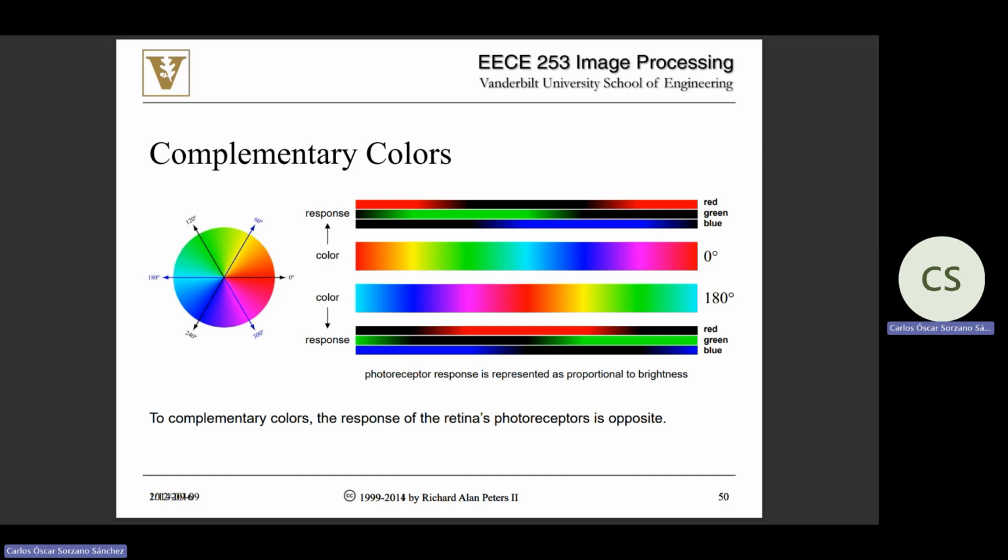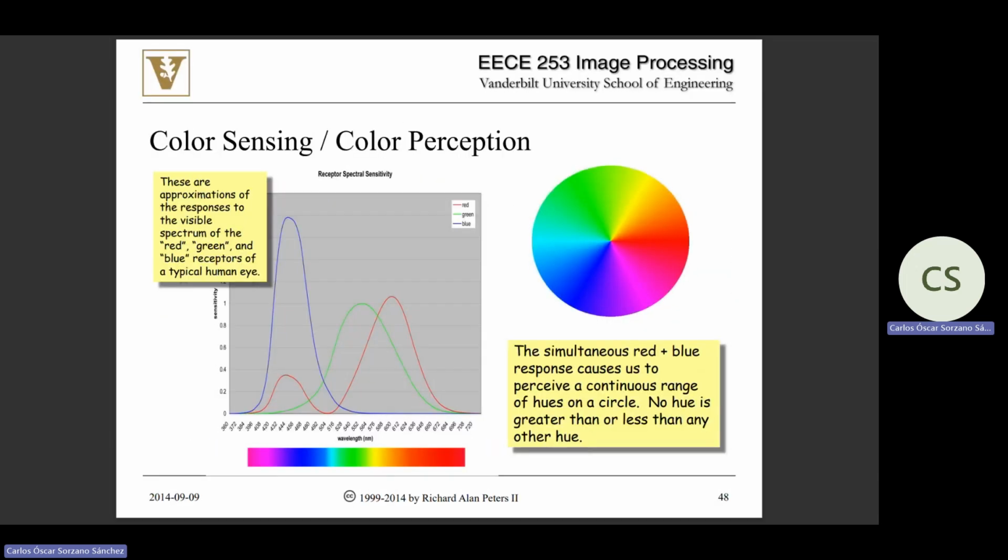If this is red, then the red cones will be firing a lot, and then as we get into the blue and green, they become silent, and for these colors again, they are firing a lot. And we look at the excitation for these colors of the other two cones. The green one is mostly responsive here, and the blue one is mostly responsive there.